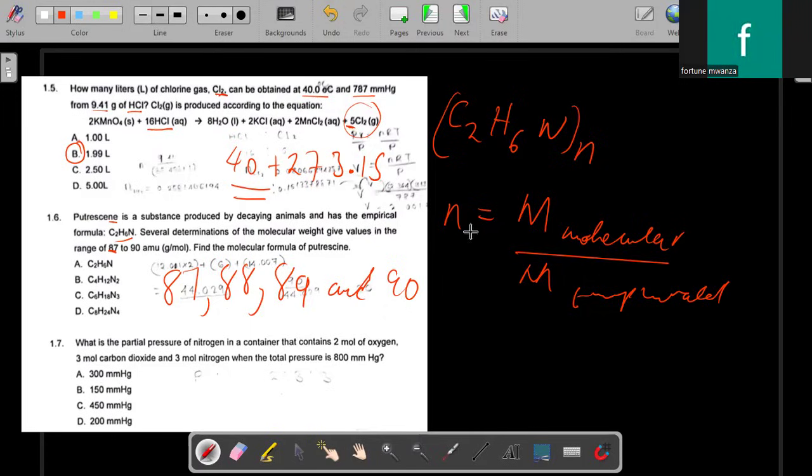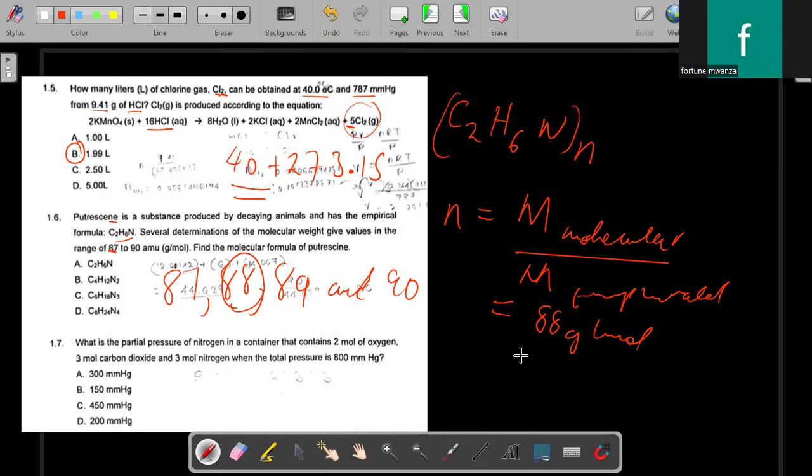You can also use the average of these if you want. Since it's within this range, I can choose any of these numbers. I've decided to choose 88, so I have my molecular weight to be 88 grams per mole.